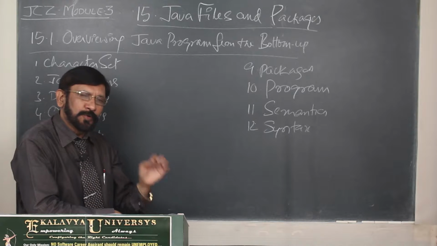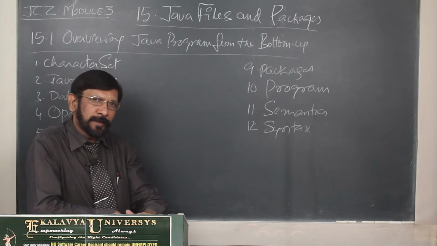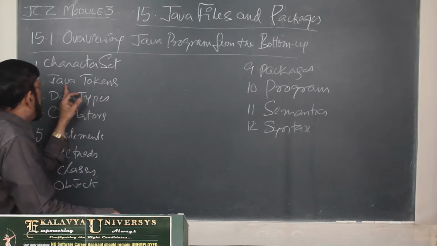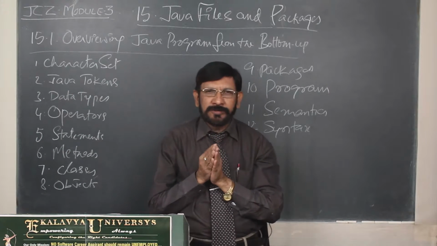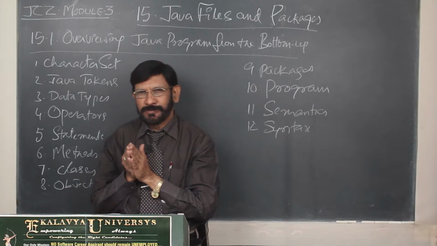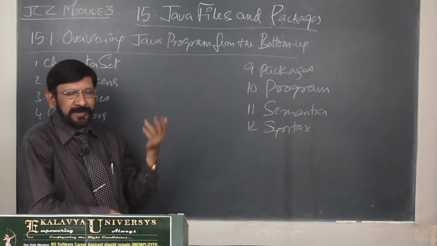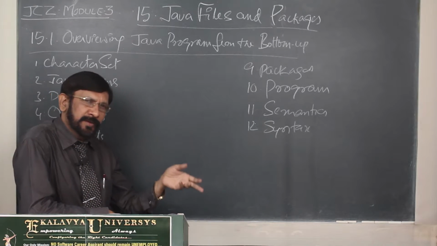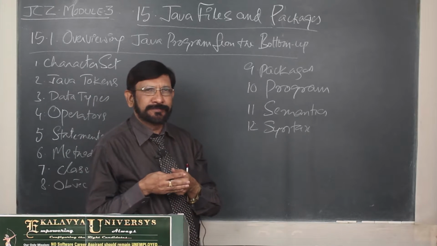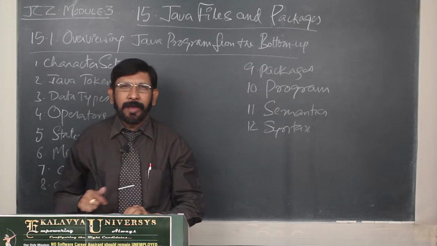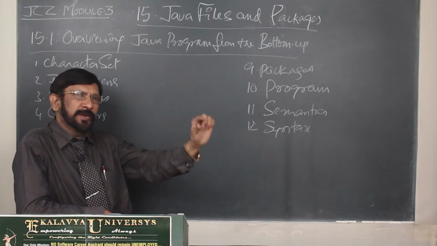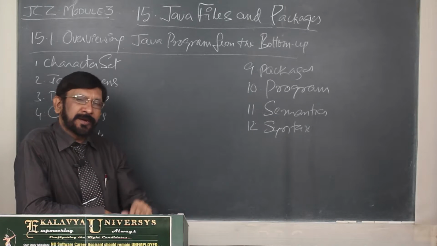So, the first one is the character set. Using characters only, we can create a program. Thereafter, the next one is tokens. Tokens are like words in a human language. The human language structure is also like that. Take any human language, for example English: there are 26 characters, and you create words by composing the characters.